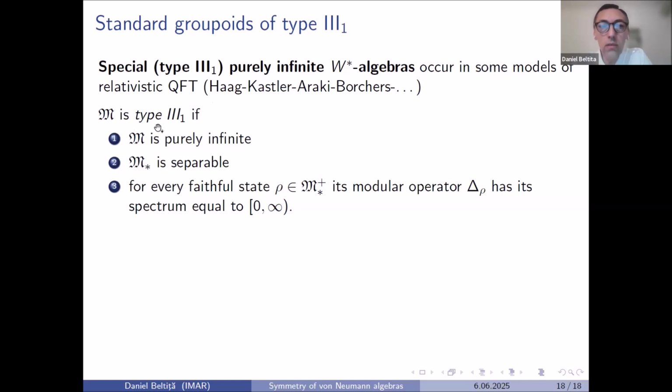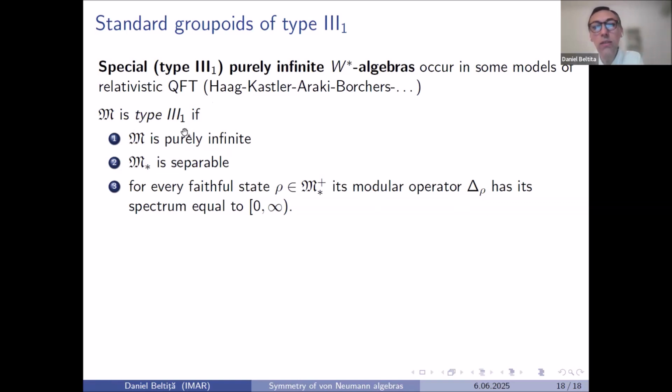Its definition is that an algebra is type 3,1 if it is purely infinite, separable, and for every faithful state, its modular operator has a spectrum as large as possible. I'm sorry, what I tried to say before is that this is type 3,1.